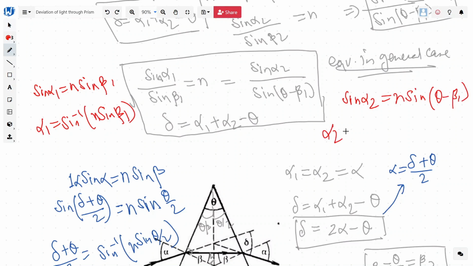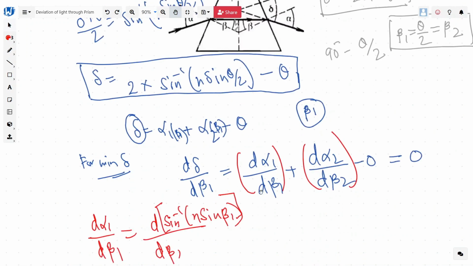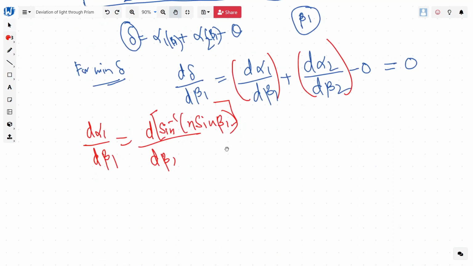So alpha 2 is going to be sine inverse of n sine of theta minus beta 1. We are going to differentiate these two sine inverse functions, arrive at the summation of them, and then make it equal to 0.